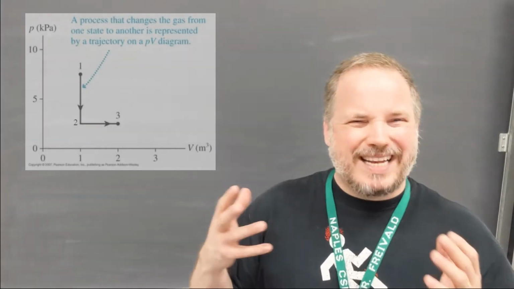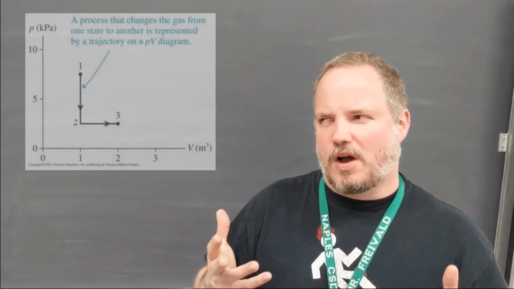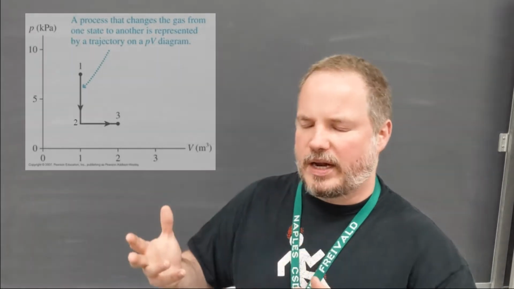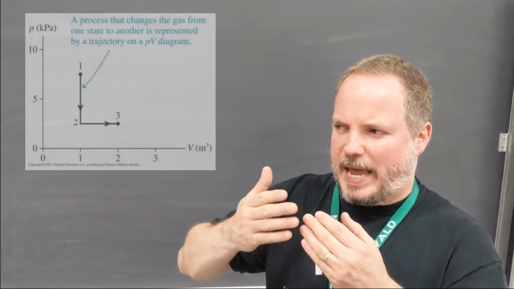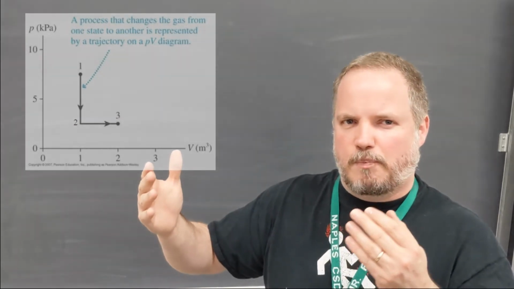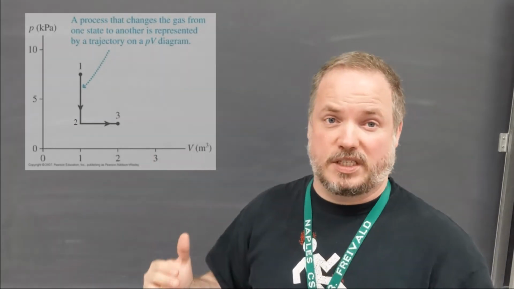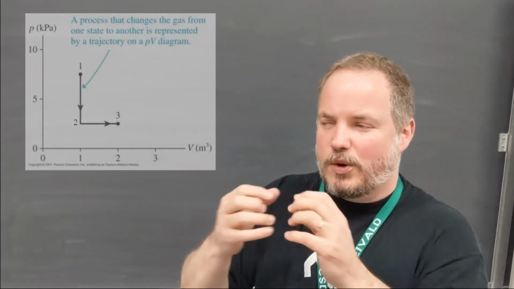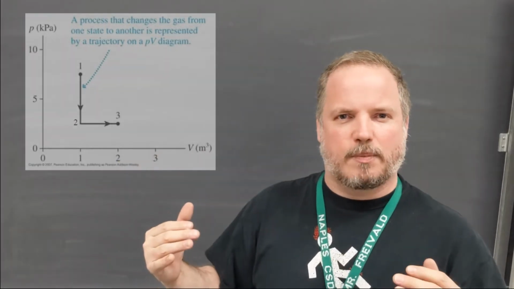So why did the temperature increase from state 2 to state 3? Well, if you think about it, you're expanding the gas, but you're not decreasing pressure. Pressure is staying the same. In order for that to happen, when you expand the gas, the pressure wants to drop.